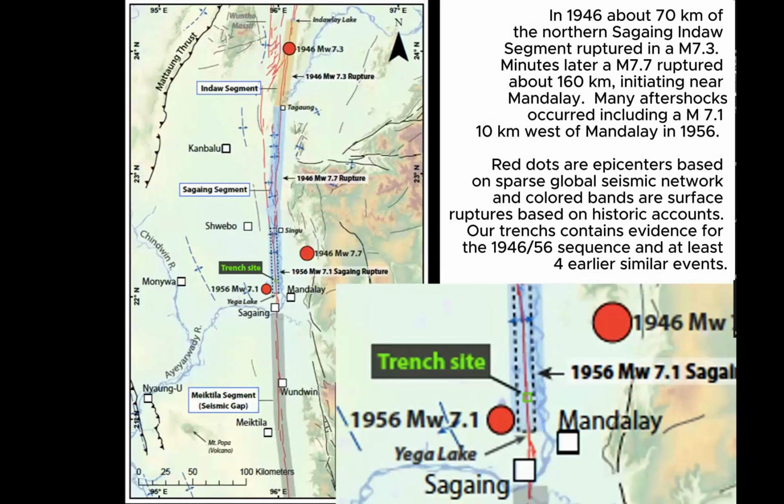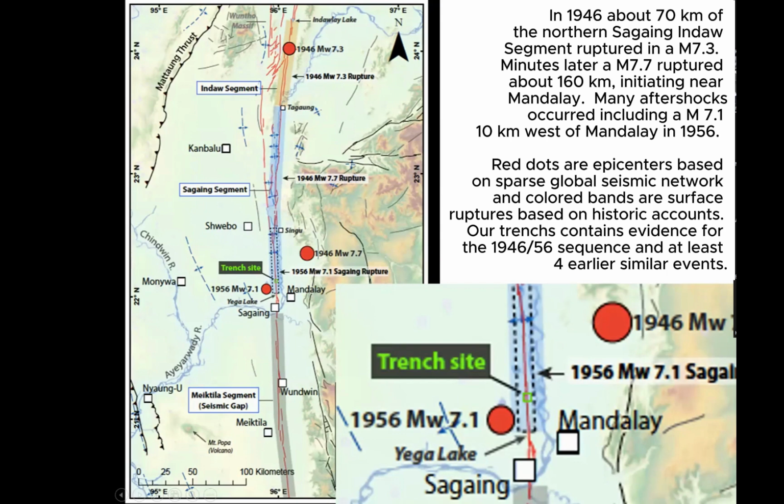Okay, to summarize a little bit, let's start looking at the earthquake history here. If we look at the earthquake history, this is Mandalay, Sagaing here. In 1946, an earthquake ruptured farther north, and it was a magnitude approximately 7.3.